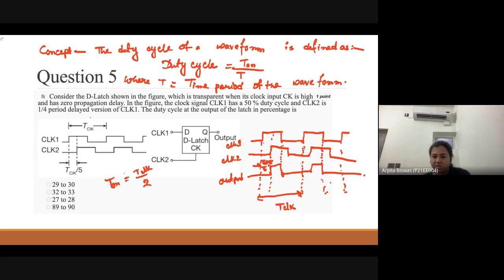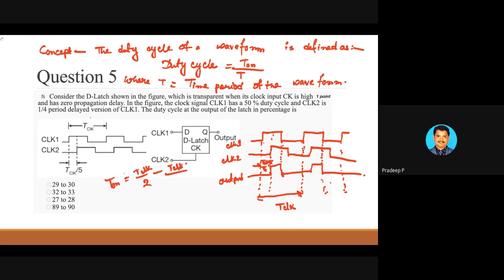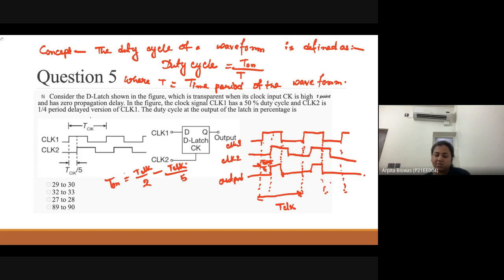Up to this is T clock by 2, and also given that portion, it is T clock by 5. So T clock by 2 minus T clock by 5. Can we write down T1 equal to T clock by 2 minus T clock by 5?